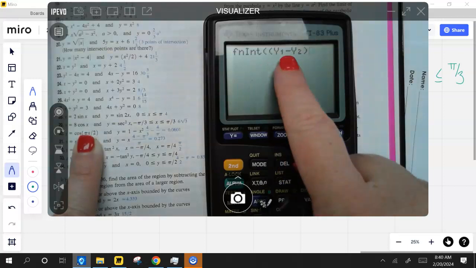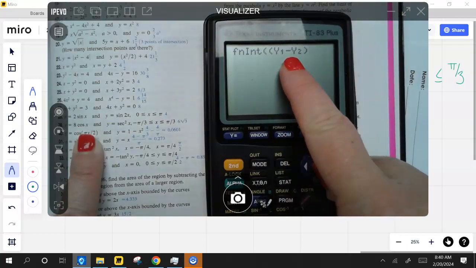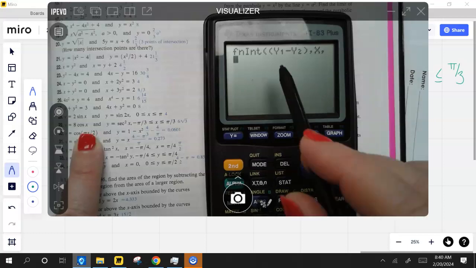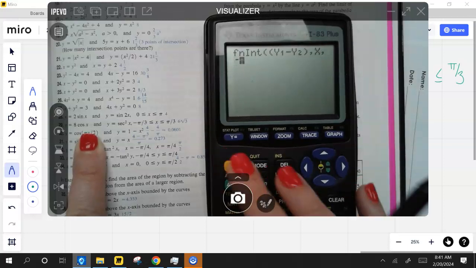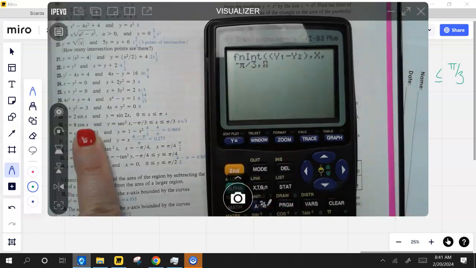So notice my extra parentheses here because I want it to integrate all of this. Comma X, comma. And if yours is different, just make sure you got this as your argument there. And I'm going from, and they gave me this, negative pi over 3, there's your lower bound, to pi over 3, upper bound.